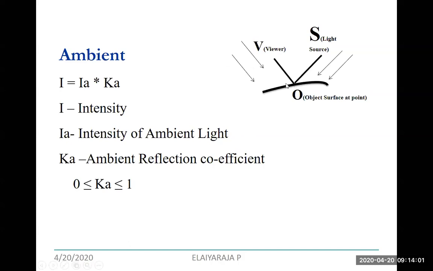That intensity of light you want to calculate with respect to ambient. I is equal to Ia multiplied by Ka, where Ia refers to the intensity of ambient light and Ka refers to the reflection coefficient.